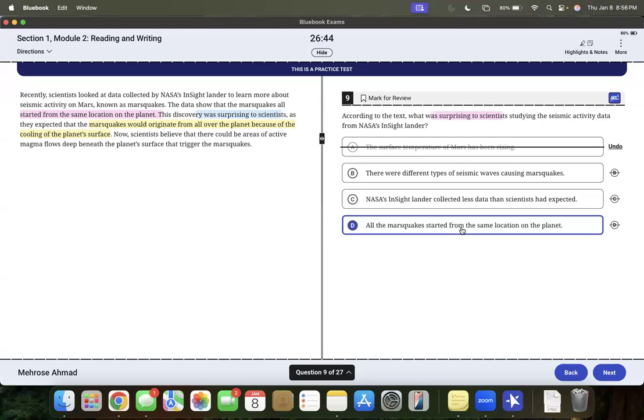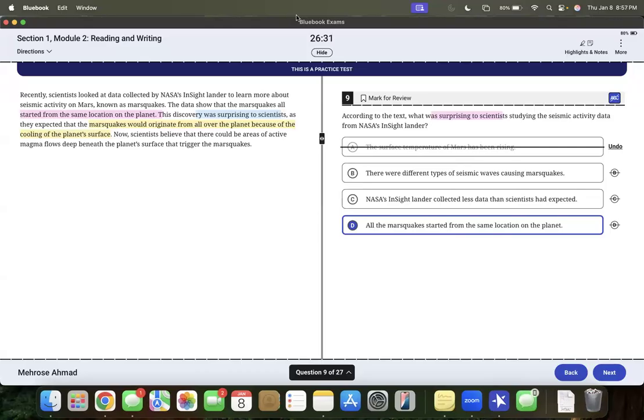In the last 2 or 3 minutes, I just wanted to once again quickly summarize what we talked about today. We have gone through a lot of practice SAT questions that you should expect to see on the SAT. These include main idea, detail, grammar, punctuation, transition words.